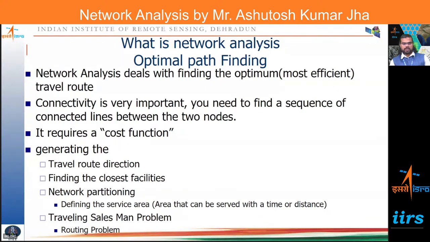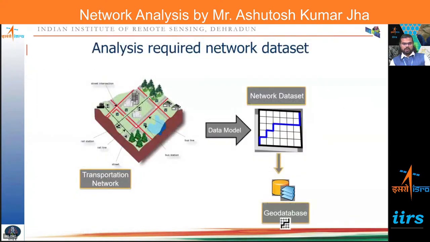The famous problem is the traveling salesman problem, which is nothing but someone needing to travel to all the different locations in his wish list with minimum time or minimum distance under which he or she can cover the areas. Such kinds of problems are called the traveling salesman problem.